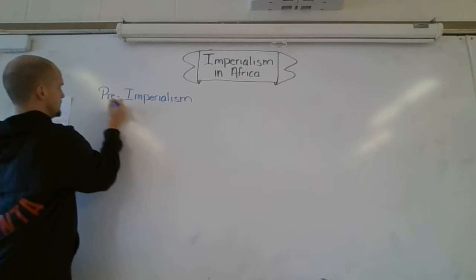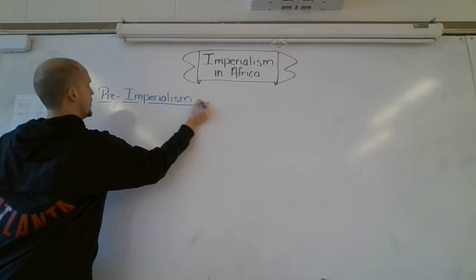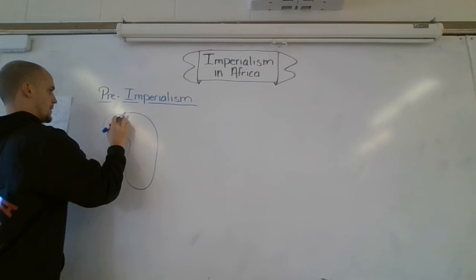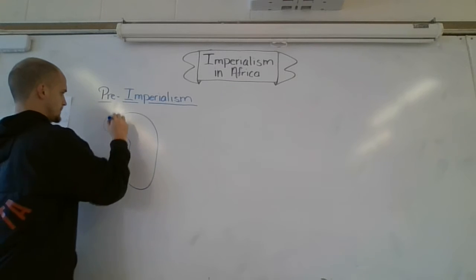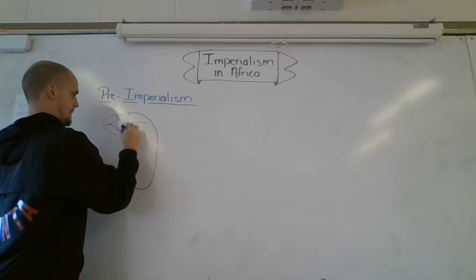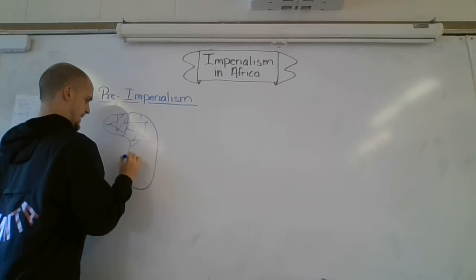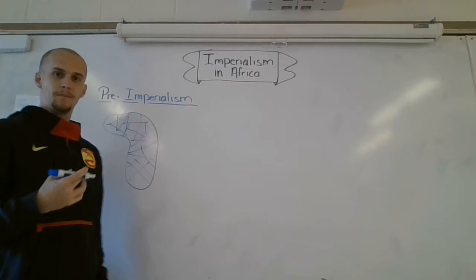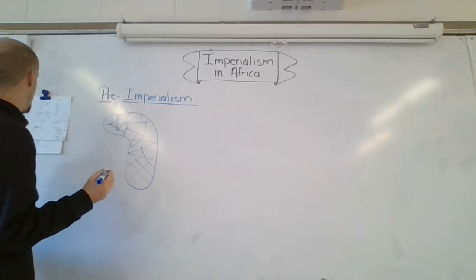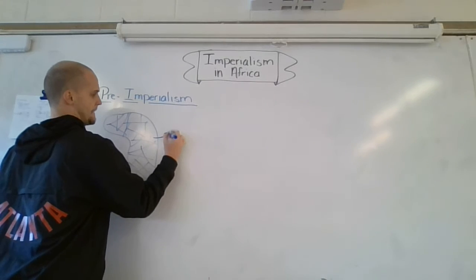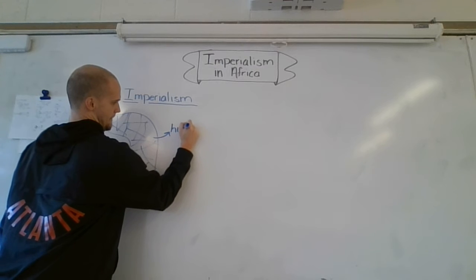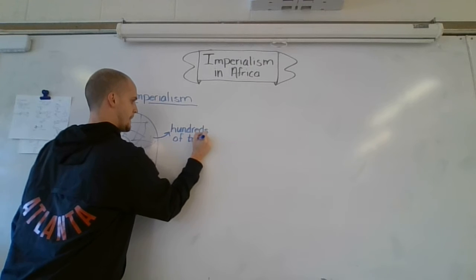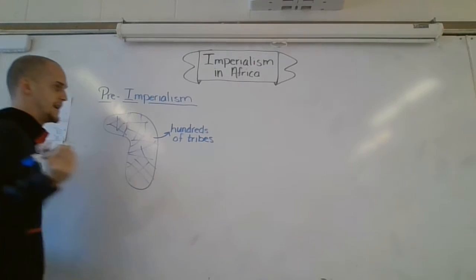So pre-imperialism, all right, you have Africa, and it's all split up. It's split up on its own, kind of. It's not split up governmentally, but there are hundreds of tribes within Africa.